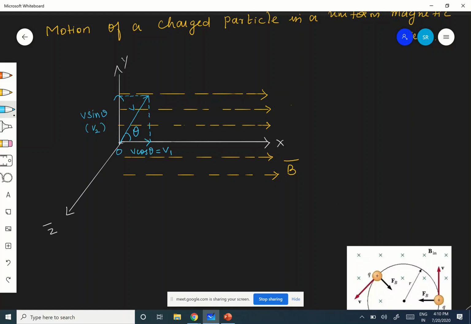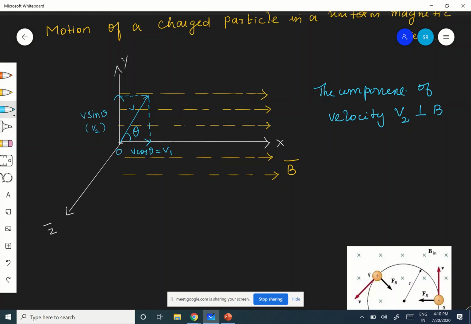Let us first consider the vertical component of the velocity, that is component V2. Here the component of velocity V2 is perpendicular to B.